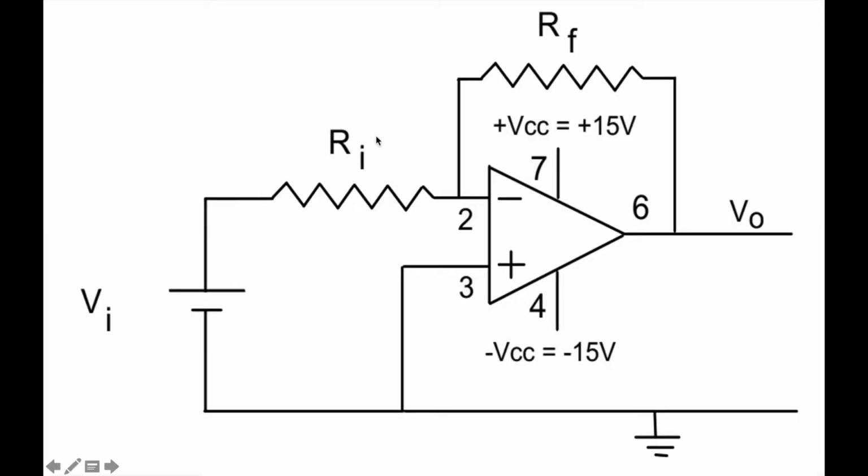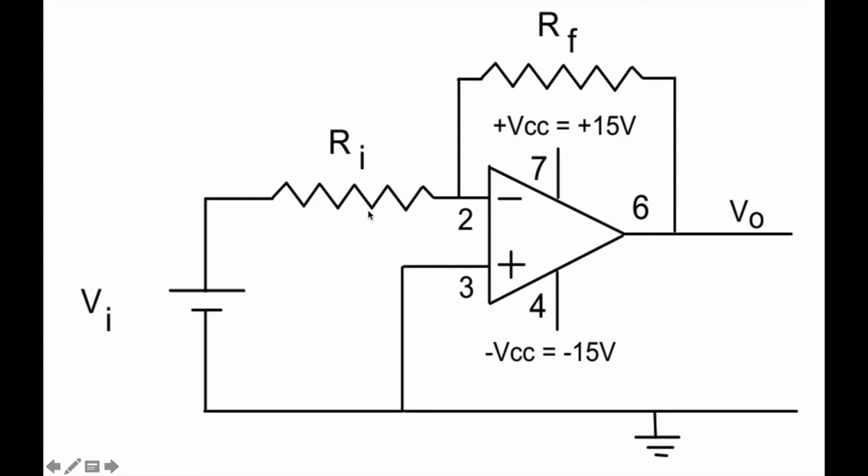If you see the circuit, the Vin voltage is given to the second terminal, that is the inverting one, and 3 is ground, the non-inverting one.